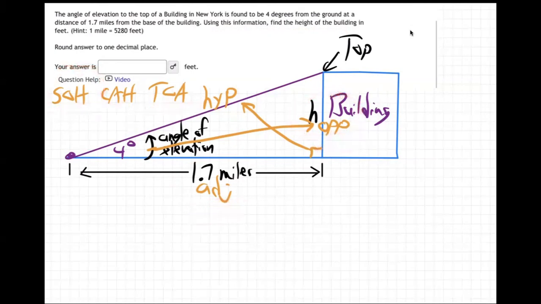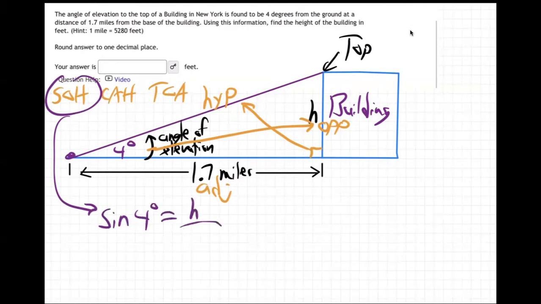Sine. Let's grab sine, bring it on down. That means the sine of 4 degrees is h over 1.7 because that's opposite over adjacent, isn't it? Oh, wait a minute. No. Tangent. What am I doing? Sine's opposite over hypotenuse.